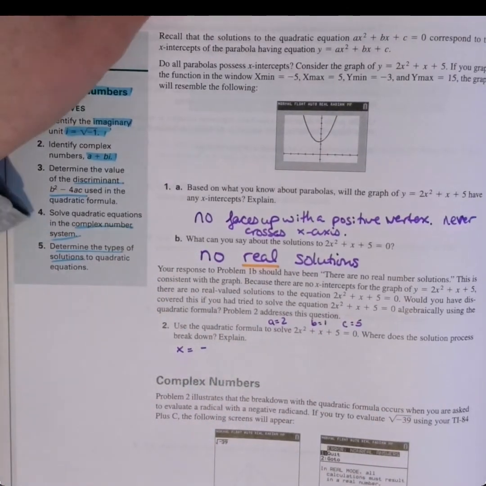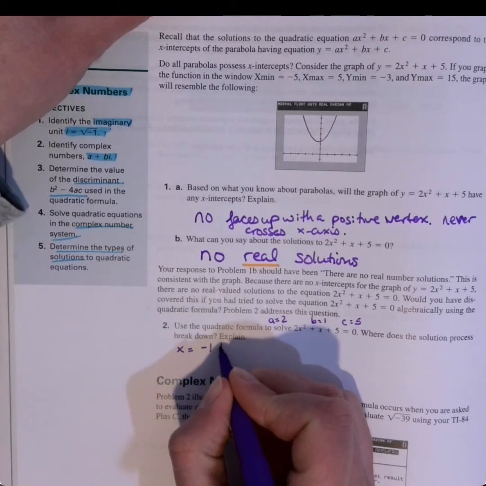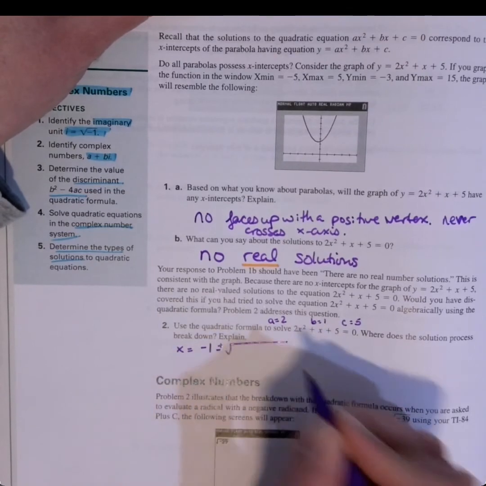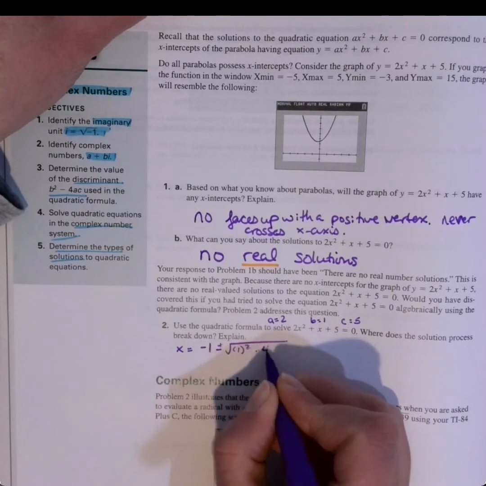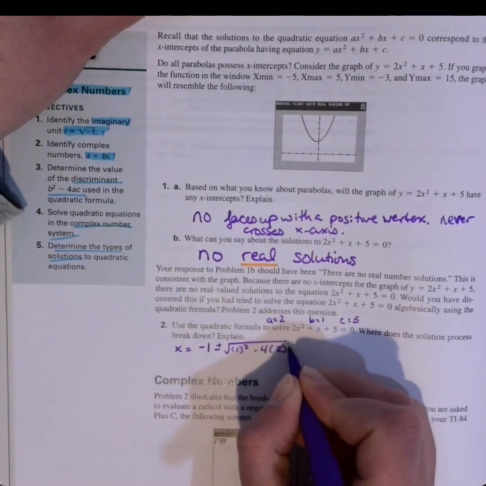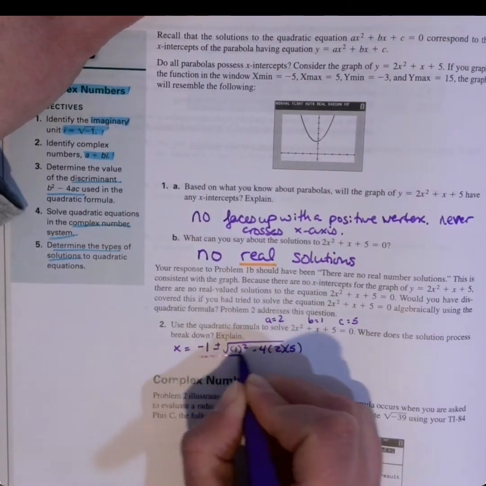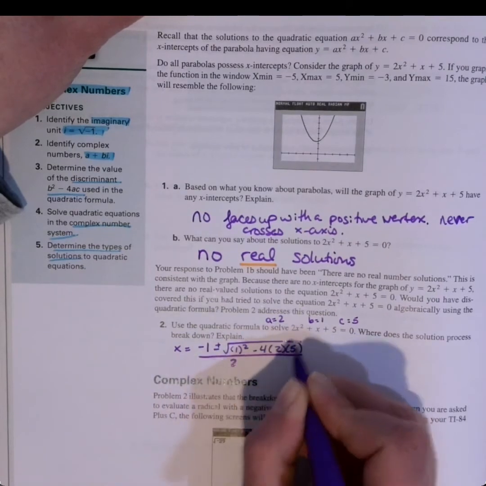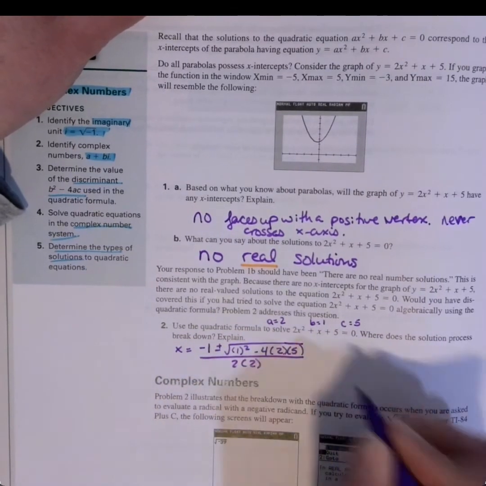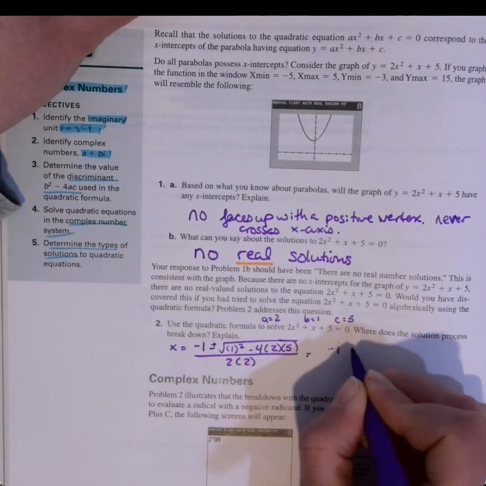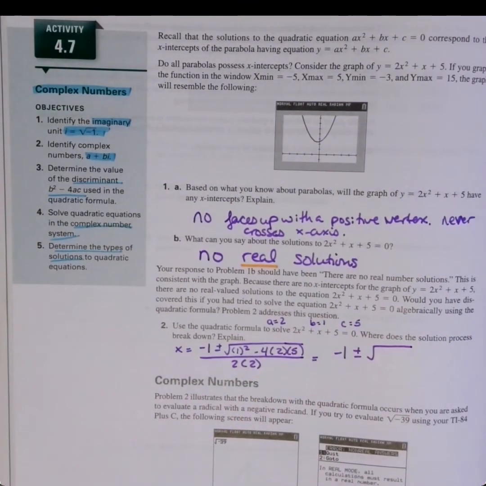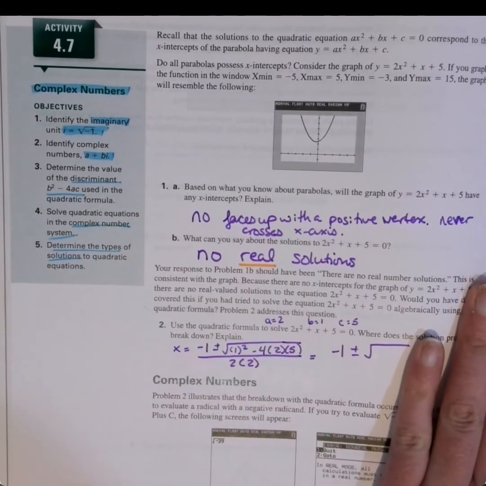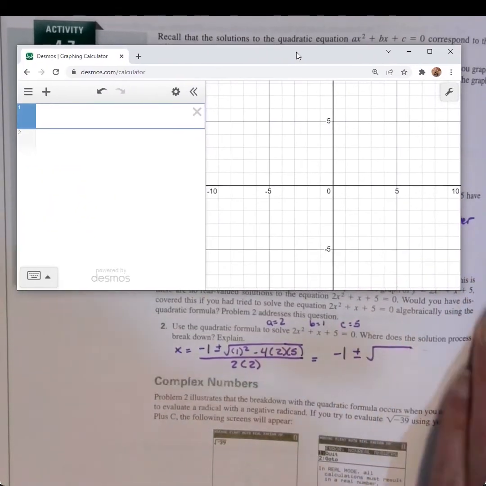So negative b is going to be -1, plus or minus the square root of b squared, so that's 1 squared, minus 4 times a, which is 2, times c, which is 5, over 2 times a, so 2 times 2. So I have -1 plus or minus the square root of, and we're going to simplify all the values that are inside of the radical, not the radical itself.